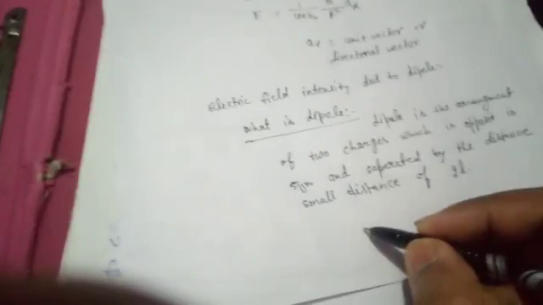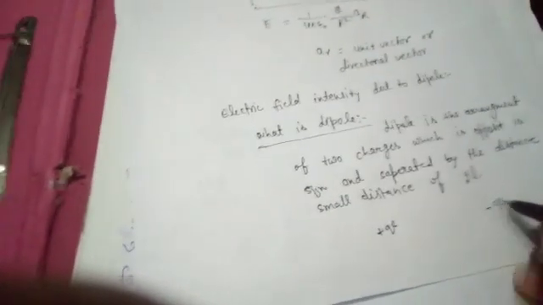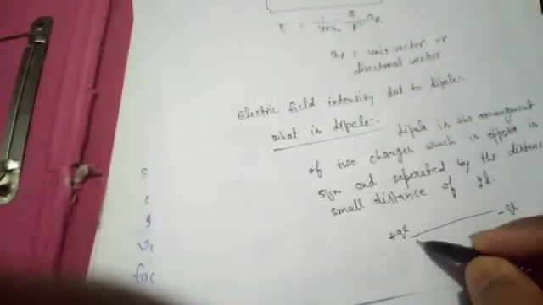So if we consider here positive q and here negative q, and the distance between the two charges is 2L, then this arrangement is known as a dipole.